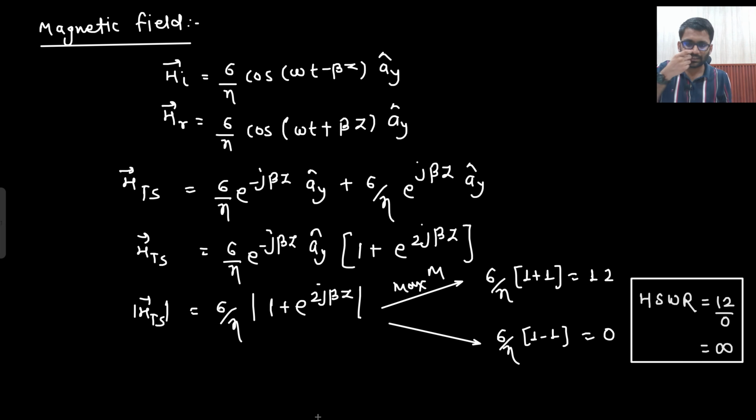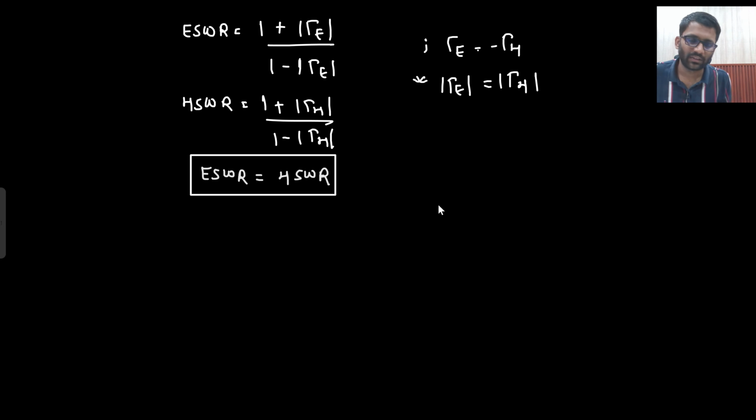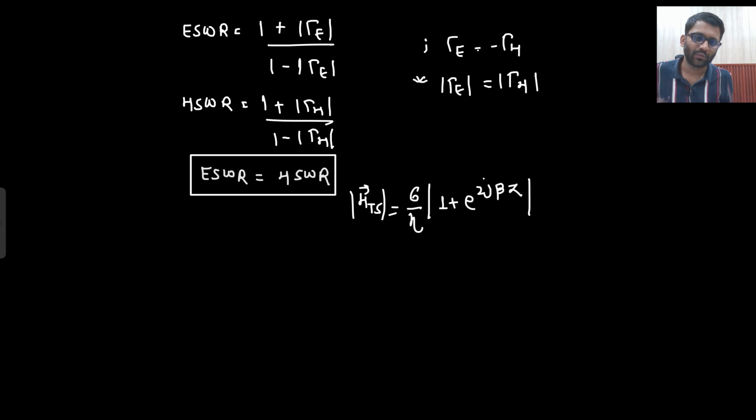Now let's analyze where you will get maxima. Let's take this expression, which is 1 plus e to the power 2j beta z. This expression I was analyzing, and E0 by eta, that is equal to your HTS magnitude. So where will you get maxima?